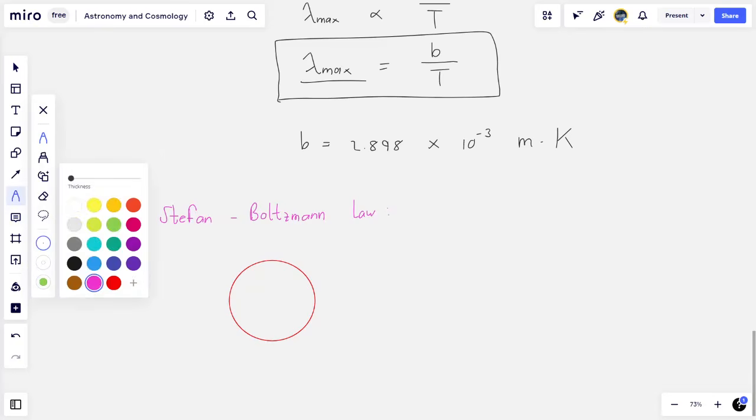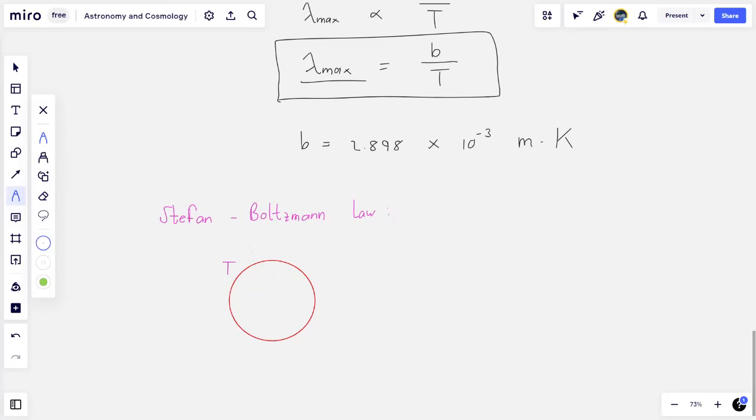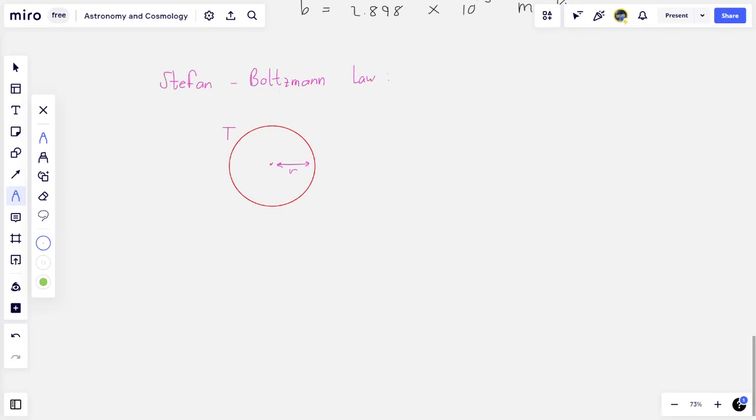And so what I have is a star or any celestial object with a temperature T, with a radius R. I'm just going to label this as a spherical object. Doesn't necessarily need to be a star, like I said.